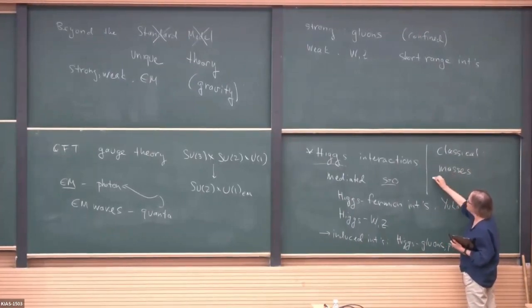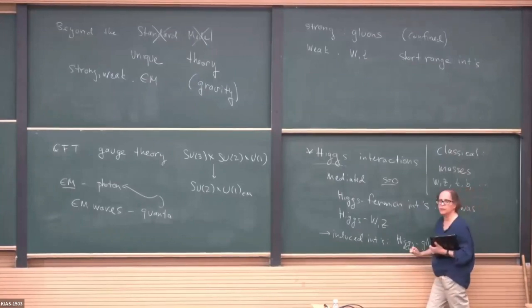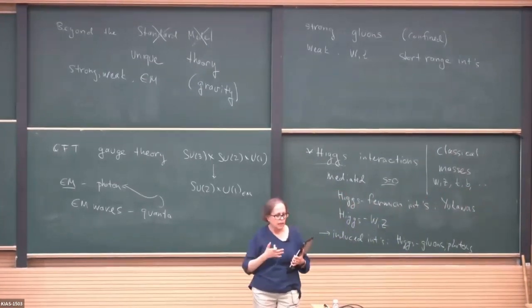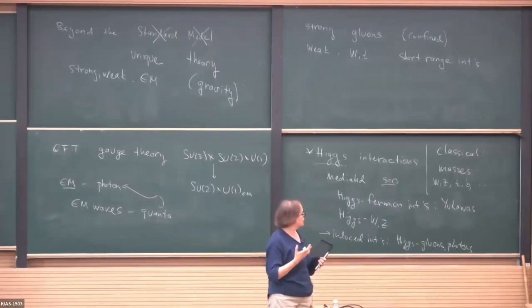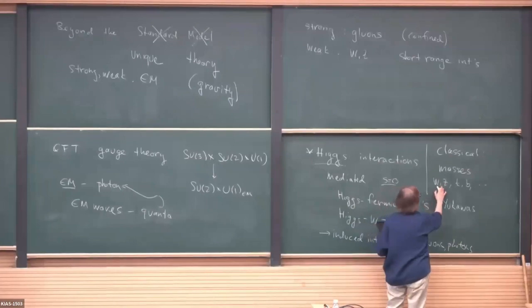So, of course, it gives masses to the W, the Z, the top, the bottom, the leptons, and all the other quarks. And so you can say that in the case of the Higgs, what we originally observed was the classical effects of the field.